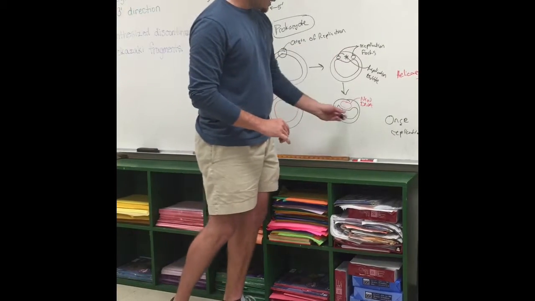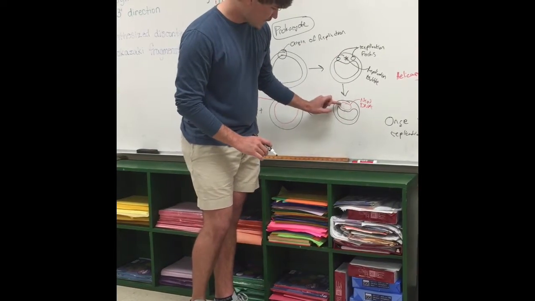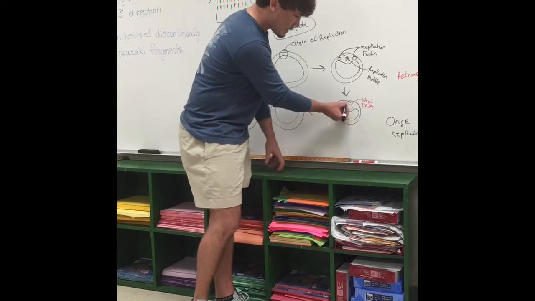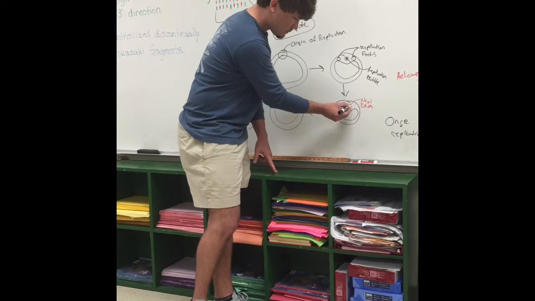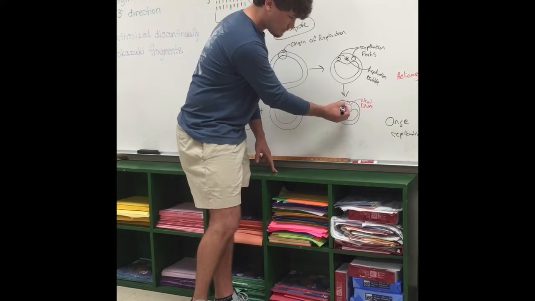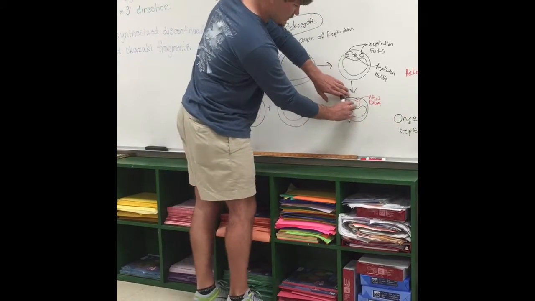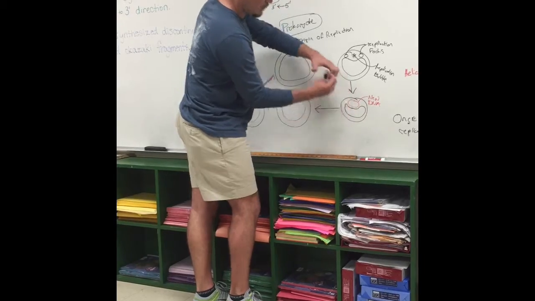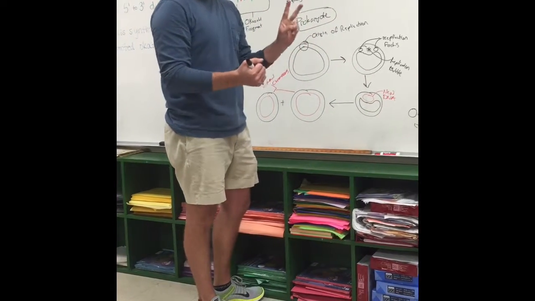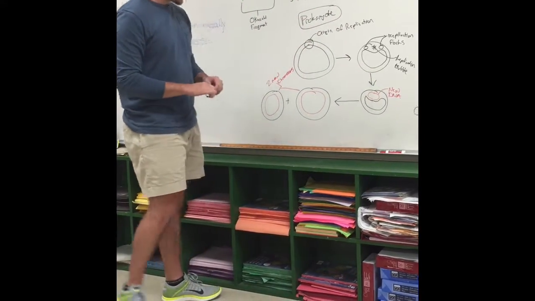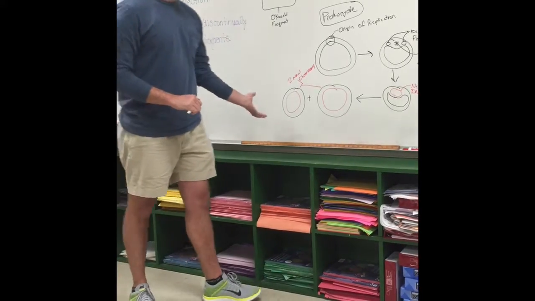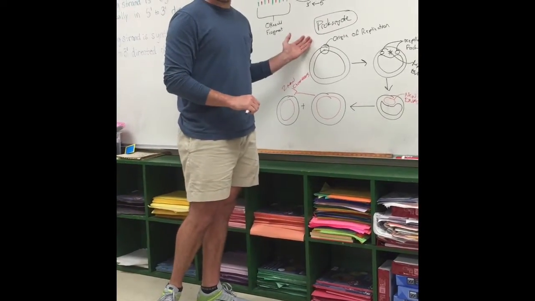As you go through, you start to form a new strand of DNA right here in the replication bubble. And then you move on, and eventually these two pull apart, and you're left with two sister chromosomes, and therefore you're replicating prokaryotic DNA.